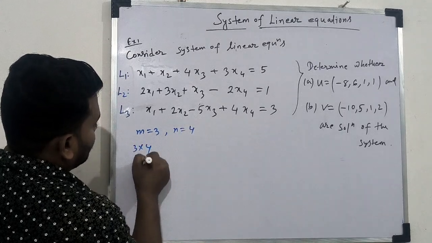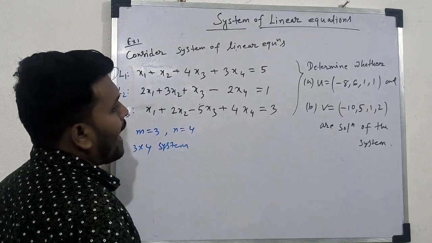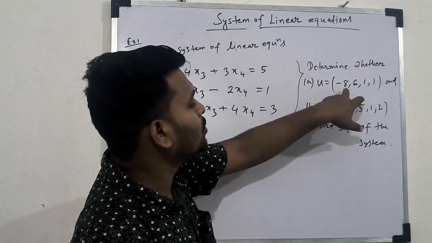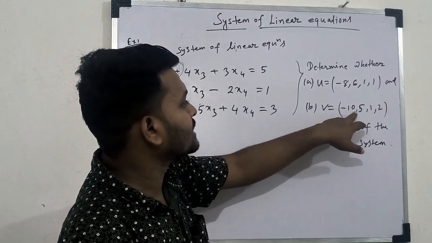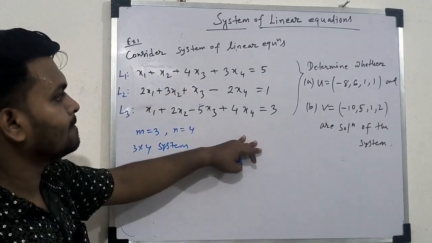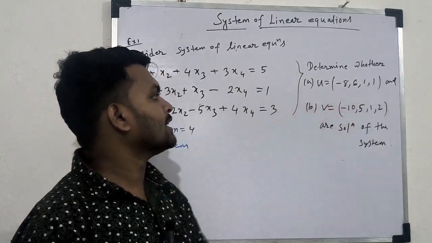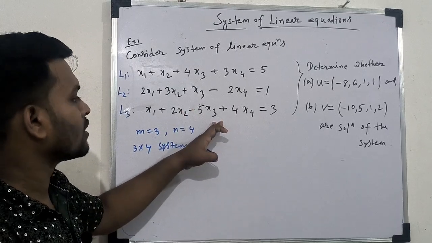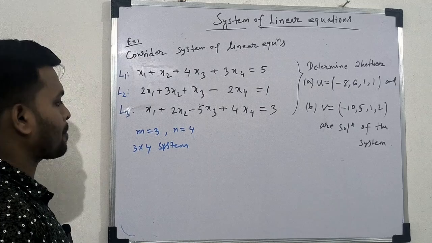So this is a 3 by 4 system. The question is to determine whether u equal to (-8, 6, 1, 1) and v equal to (-10, 5, 1, 2) are solutions of the system. So we have to determine whether u is a solution or not, and whether v is a solution or not.